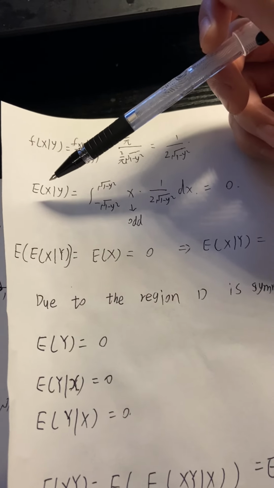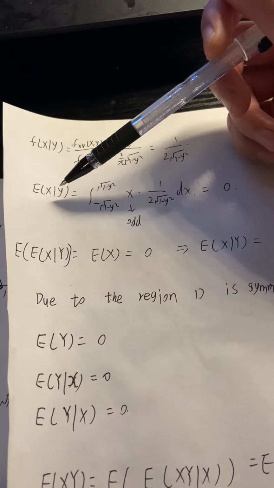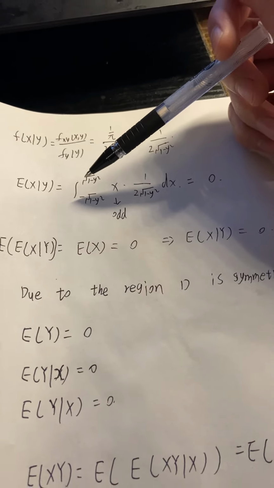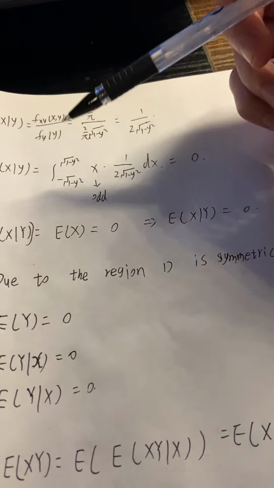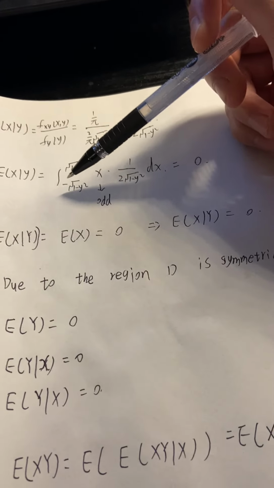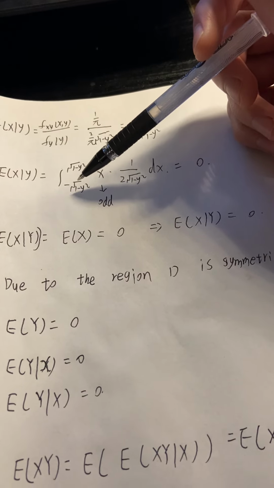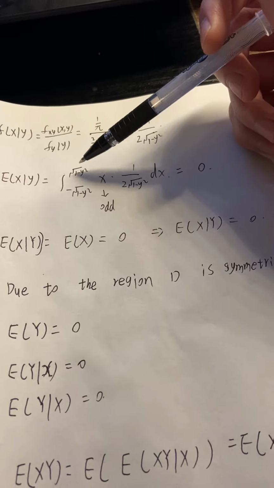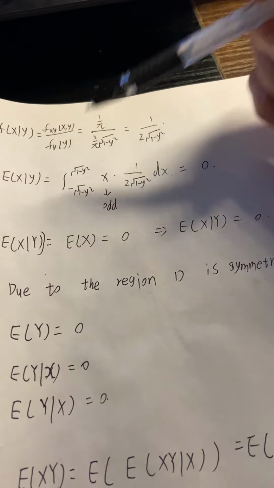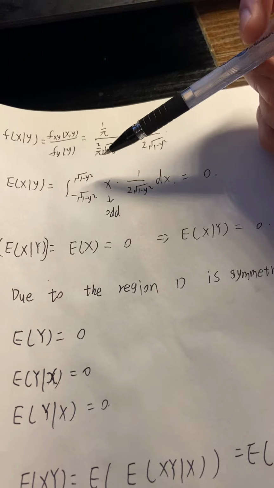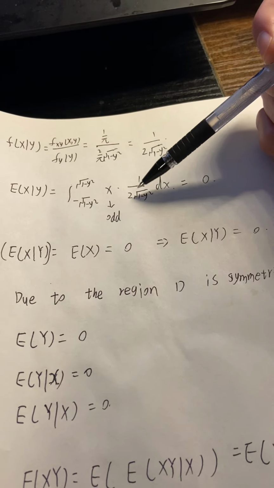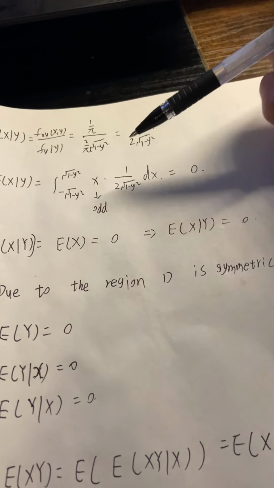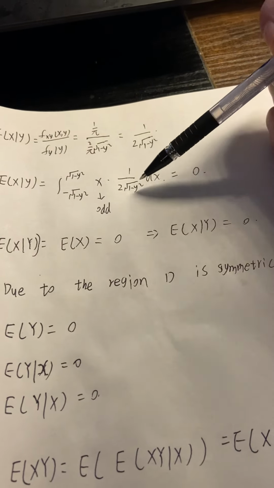So the E of X given Y is the integral, x from minus the square root of 1 minus y squared to the square root of 1 minus y squared, of x times f of x given y dx.